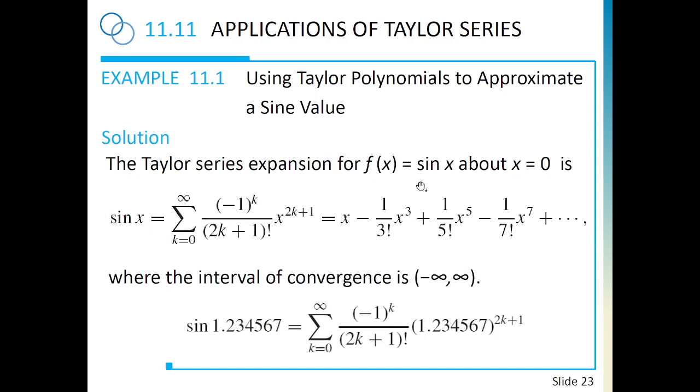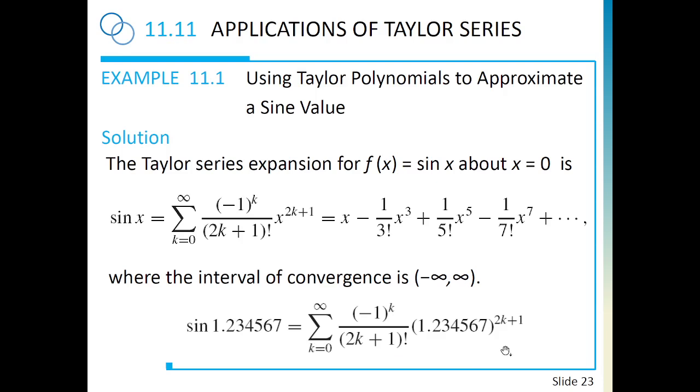So the Taylor series for sine at x0, we already did the work, so this is the expansion, and now we need to use sine with the value of x 1.234567, so we just plug it in. So sine at this point here is equal to this series.